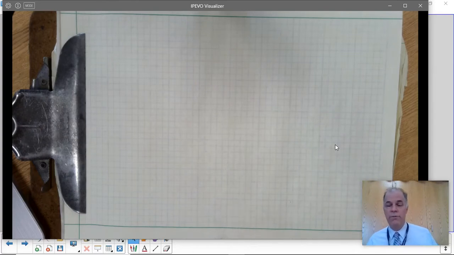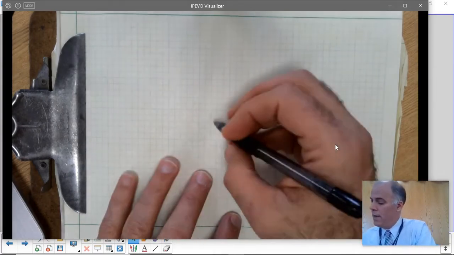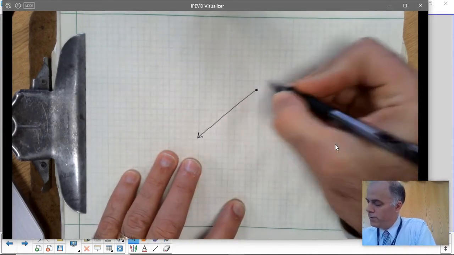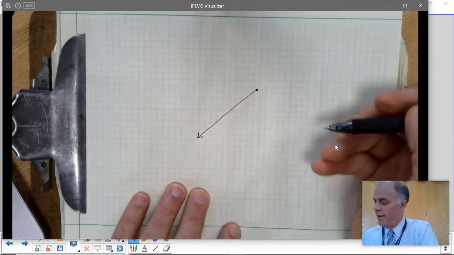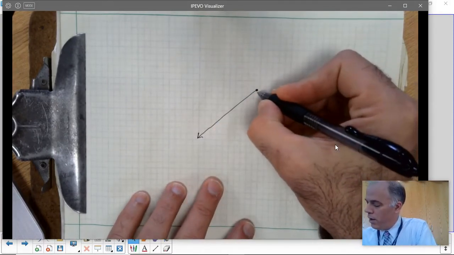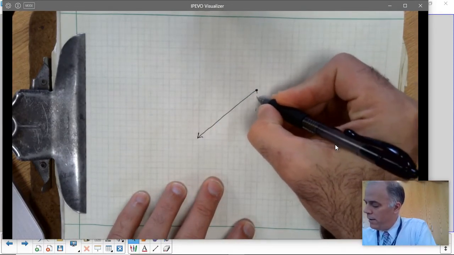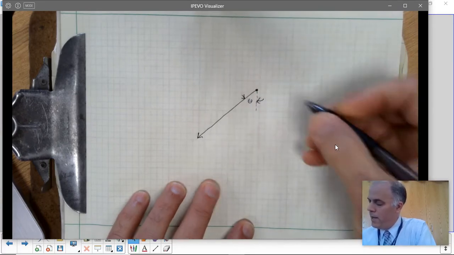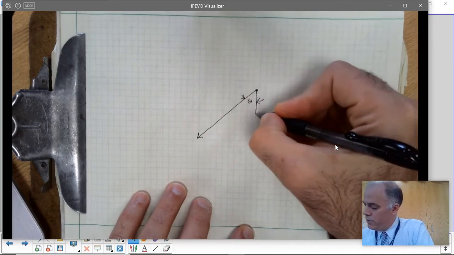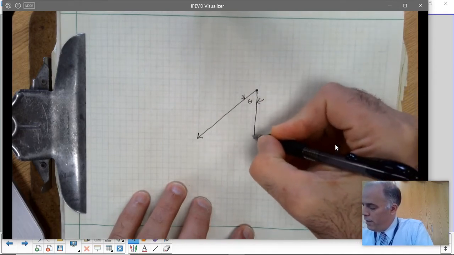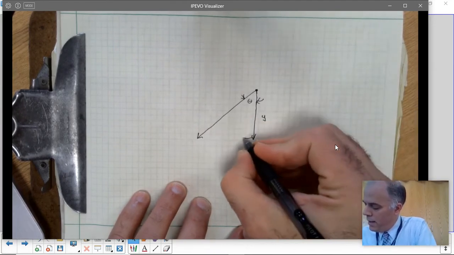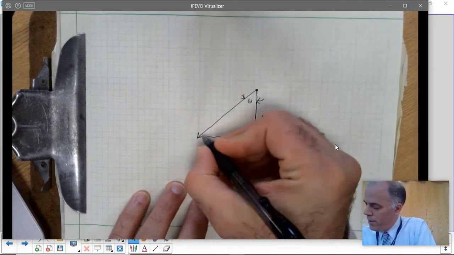So now we're going to briefly review how to break vectors into components, which we've seen before. So imagine we have a vector like this, okay? So it's some vector quantity going down at an angle like this, and we're going to call this angle here theta. And what we want to figure out is what the vertical component is, the y component, and the x component.